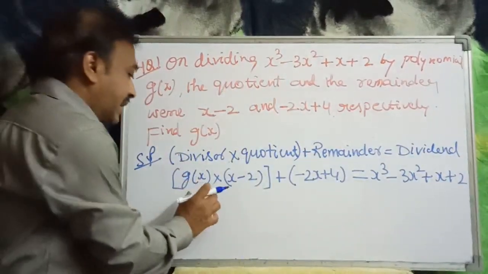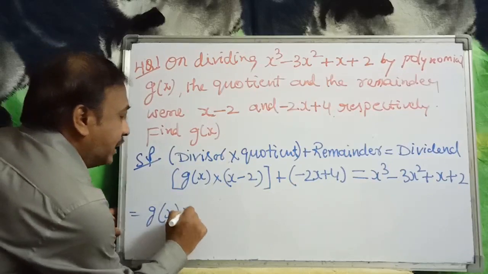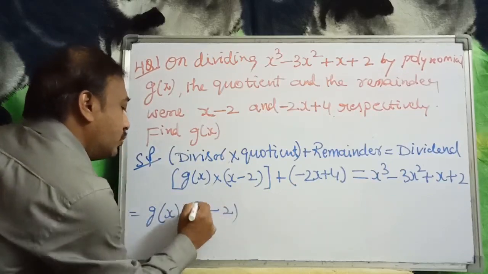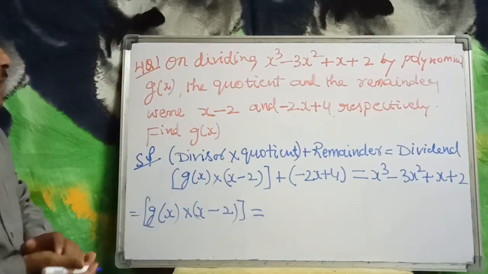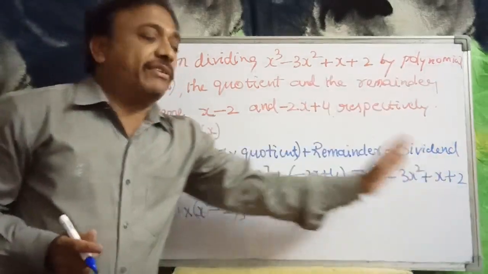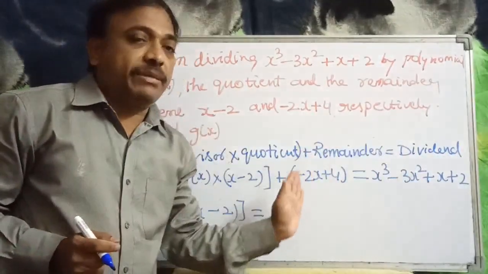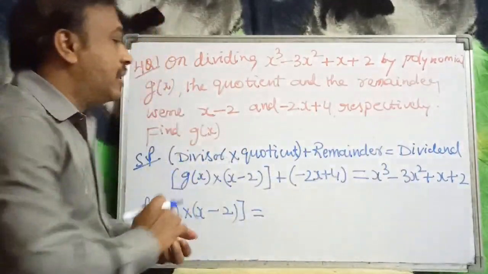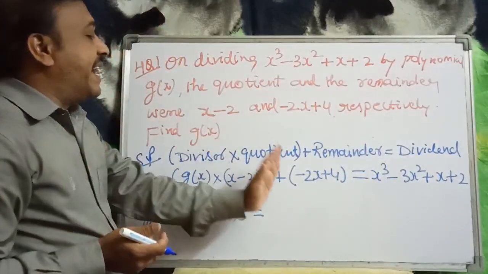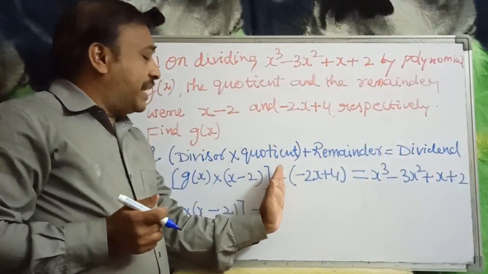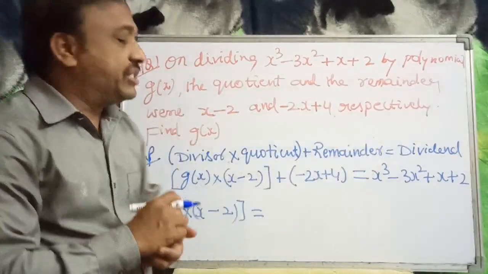Now the next step: g of x into x minus 2 is equal to the plus value, transpose that side. We are subtracting the remainder from the dividend. When you transpose that side, the signs will be changed.